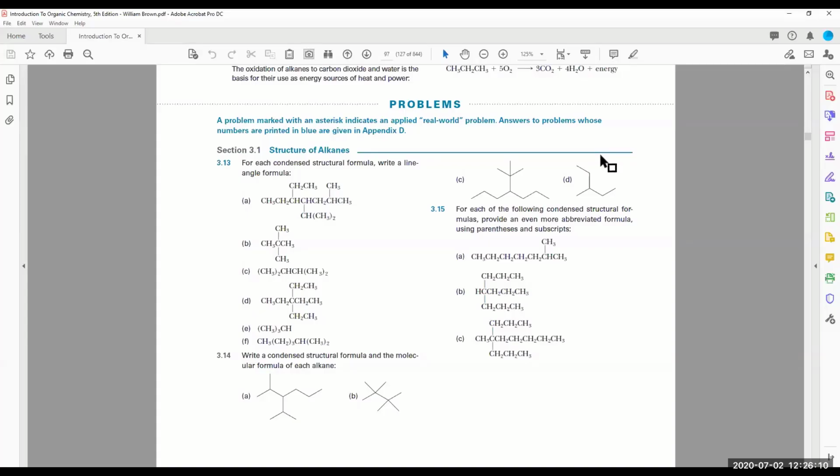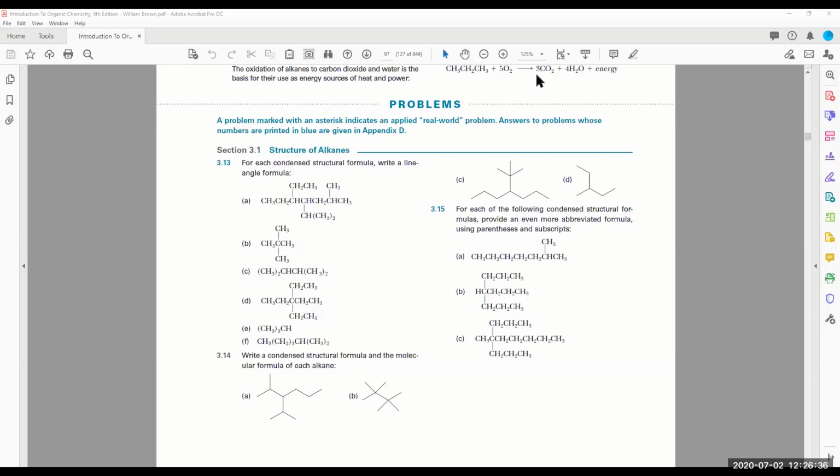Okay, so what I would like to do now are some examples of converting between condensed structural formulas and line angle formulas for each of the alkanes. I want to go through some problems, or some examples, here on the whiteboard.